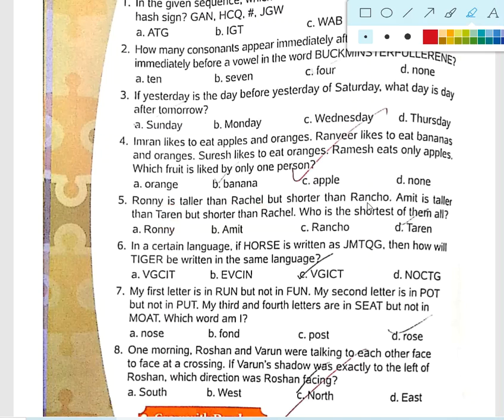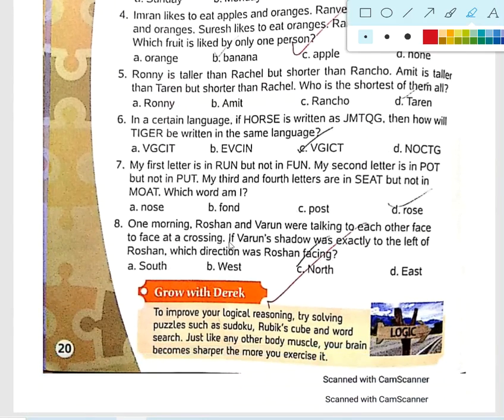Okay. Now next question. In a certain language, if horse is written as JMTQG, then how will tiger be written in the same language? Now you have to think of the reason. Why? Because see, if you consider one letter in this word, H, and you see after H what comes?